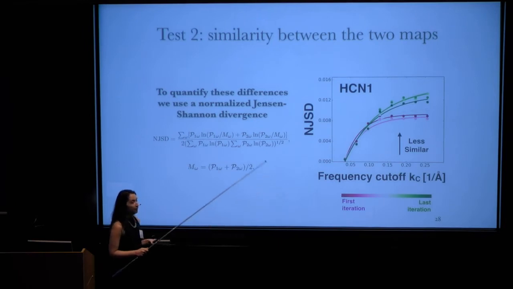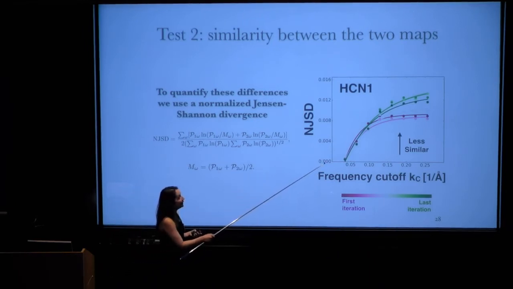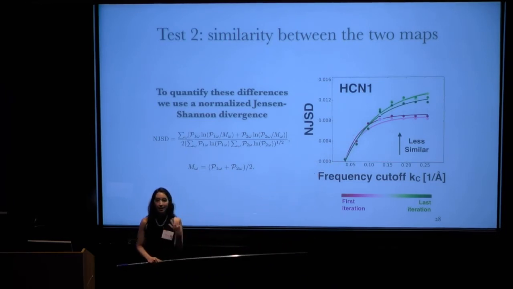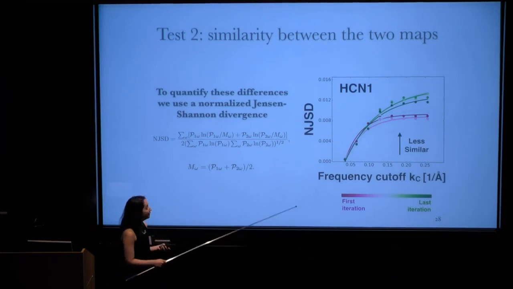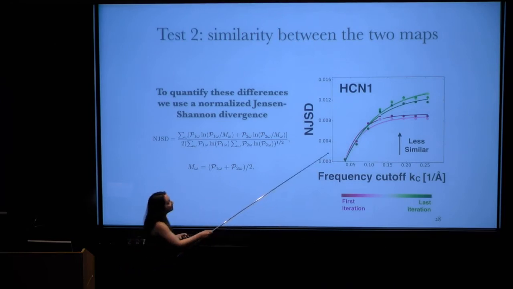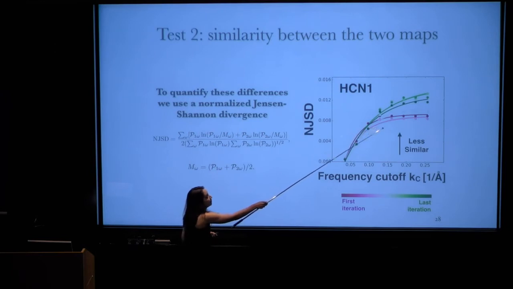So here, what we find are two things. The first thing is the confirmation that as we add higher frequencies to our maps, the less similar these probability distributions are. And also, as the iteration step increases, we see that this NJST reaches a plateau at higher frequencies.